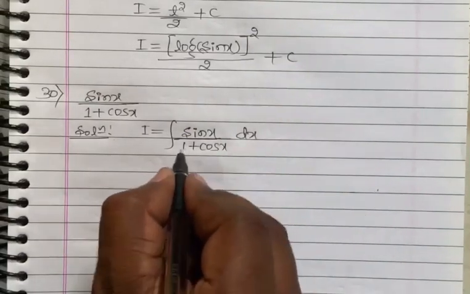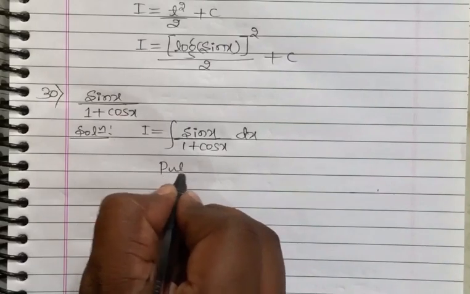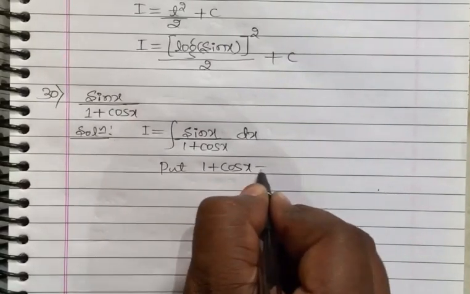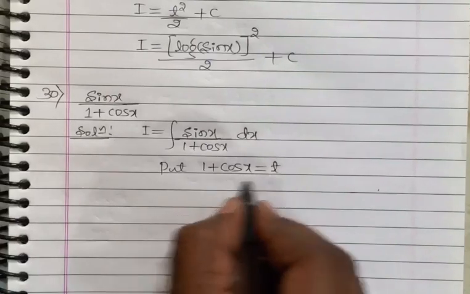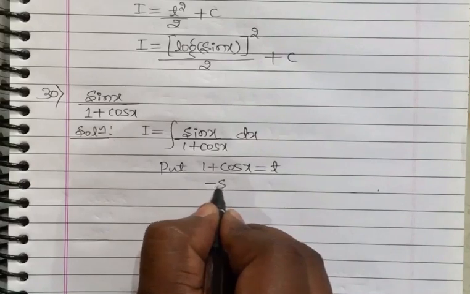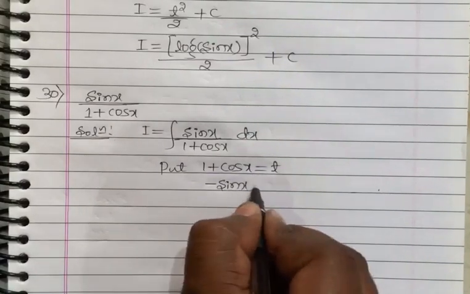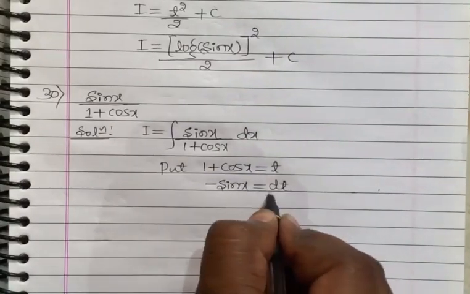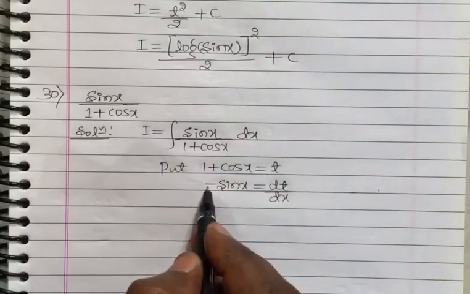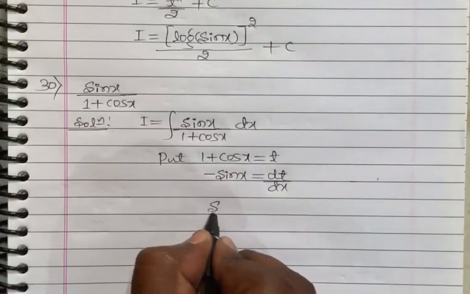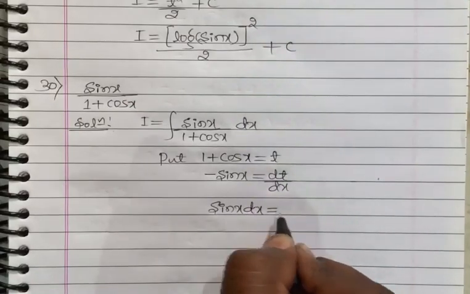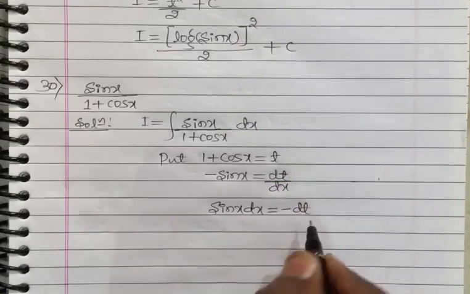Now take the denominator as t, put 1 plus cos x equals t, then differentiate both sides with respect to x. We get minus sin x equals dt by dx. So we need only sin x dx. Take minus to the RHS now. So sin x dx equals minus dt.